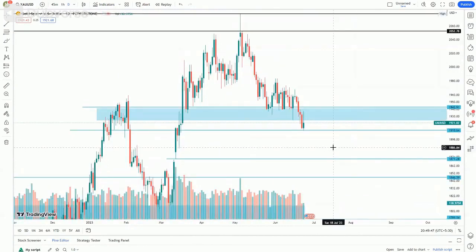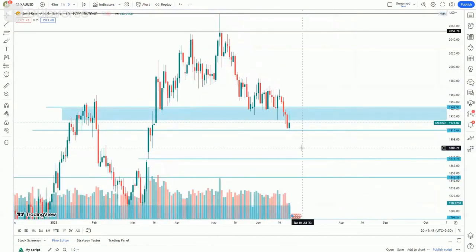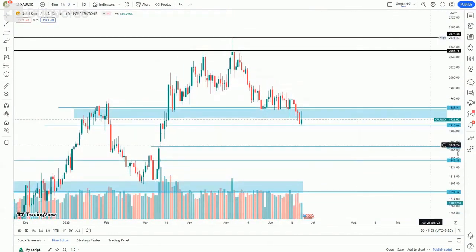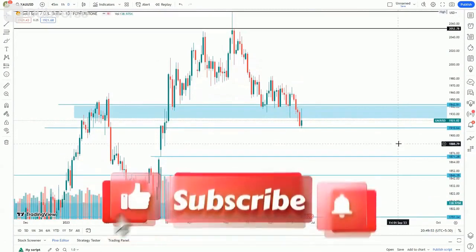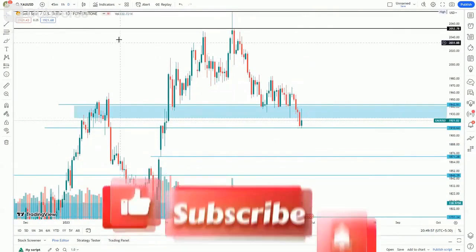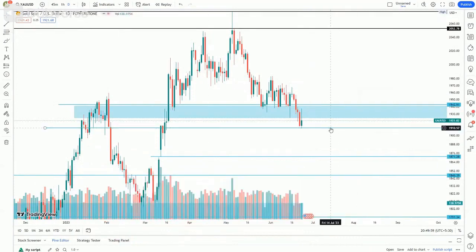Now we are talking about gold. What can be the next move of gold? Until the day 1 candle does not break out below 1910, until then you keep the SL below it and buy. This is the best option for beginner traders.